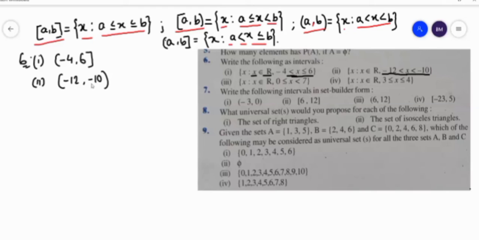Next, number 3. Check that it is given x belongs to R such that 0 less than or equal to x less than 7. Less than or equal to implies this side will be closed, 0 closed and 7 open. Number 4.